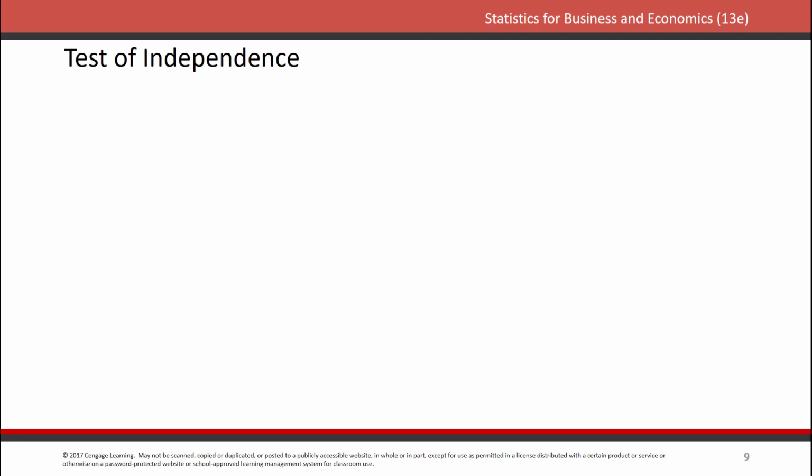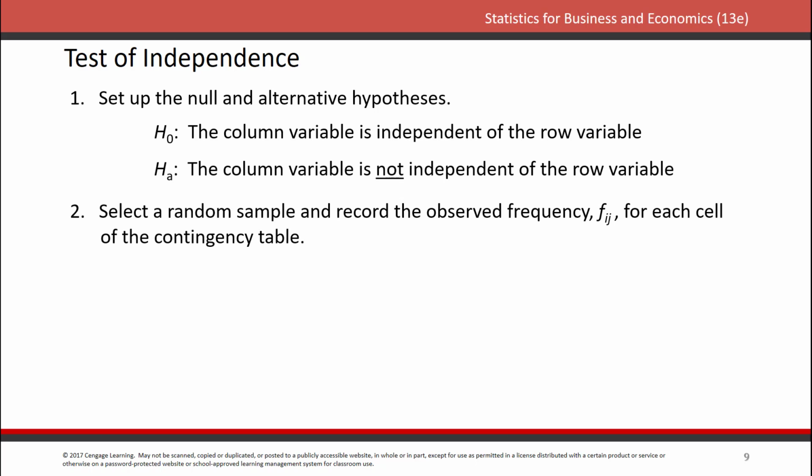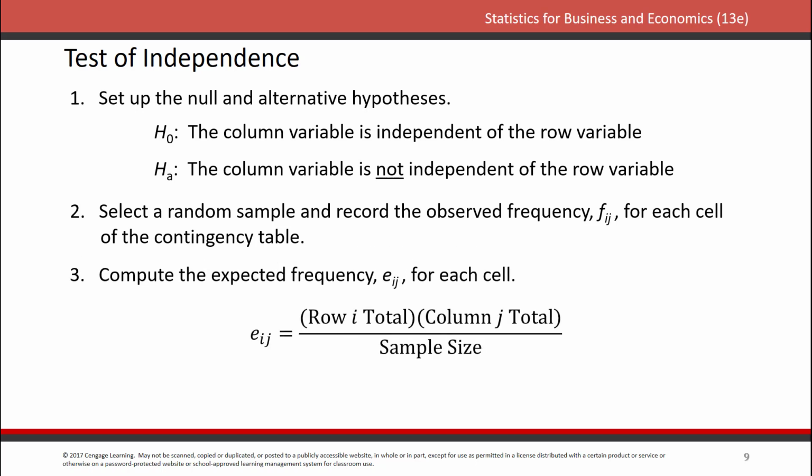All right, and then next you'll do test of independence, where again, this is going to be a chi-square. The formula when you set up your chi-square is going to look the same. But now what we want to do is test whether a column variable is independent of a particular row. So we have to compute these expected values, and then we're going to end up using the same formula.